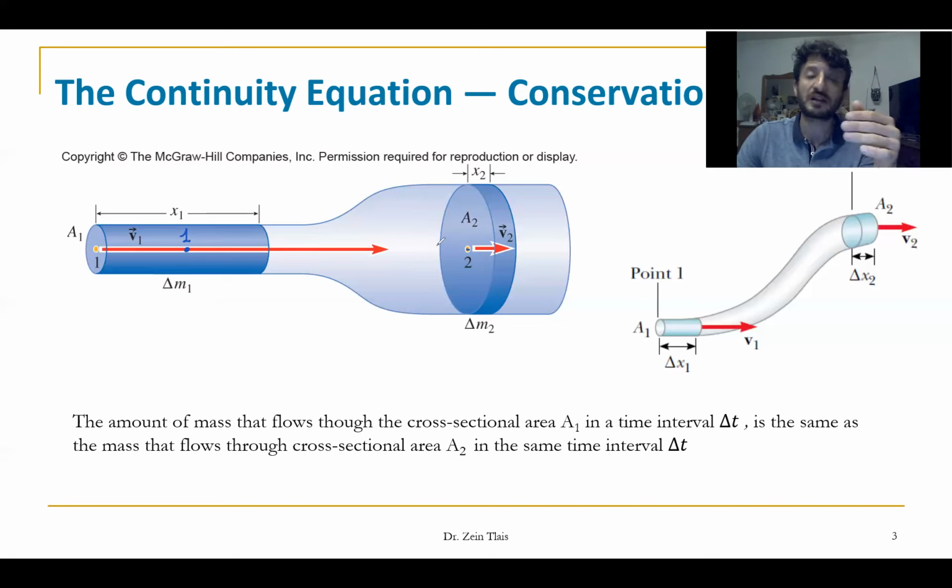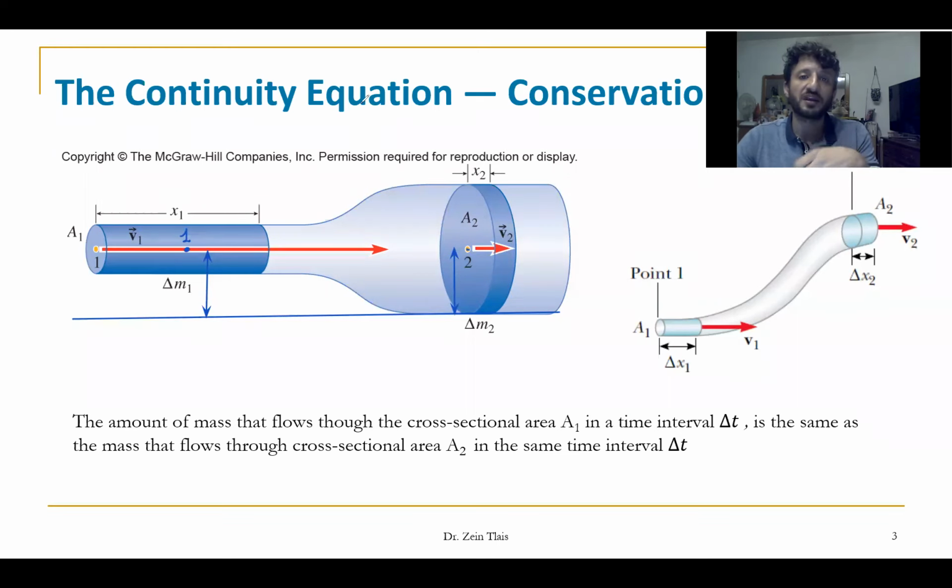In this case, to calculate the height, you have to put the x at the lowest point here, okay? And h1 is equal to h2. So in this case, we have a horizontal configuration where h1 equals h2.